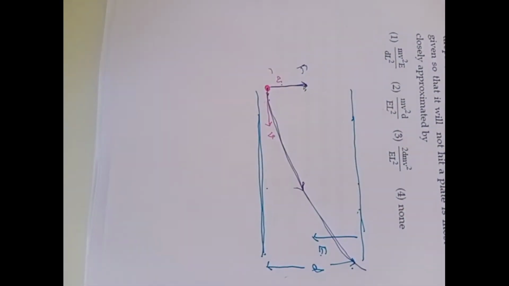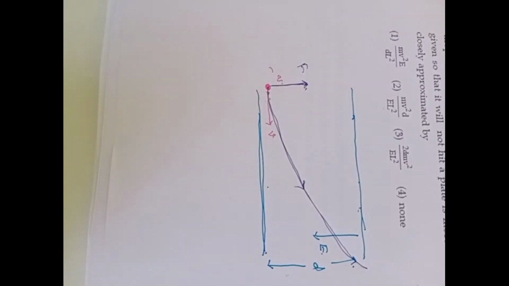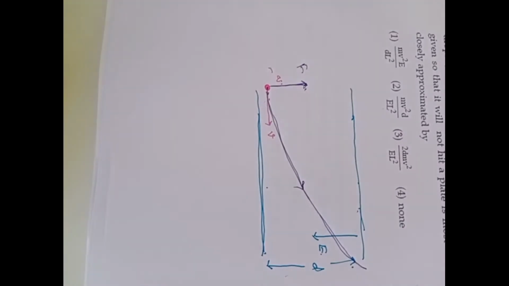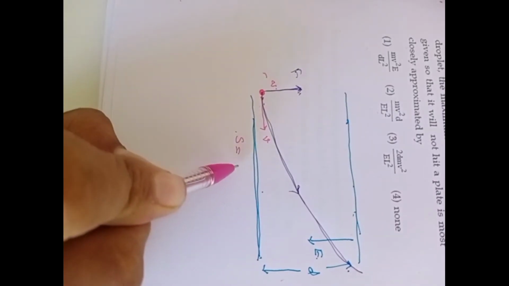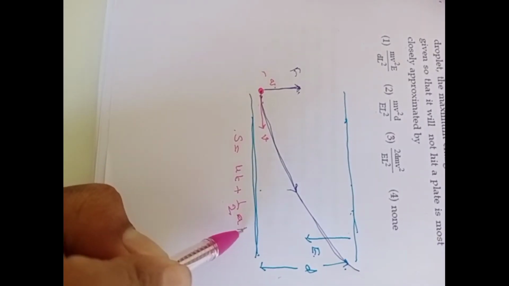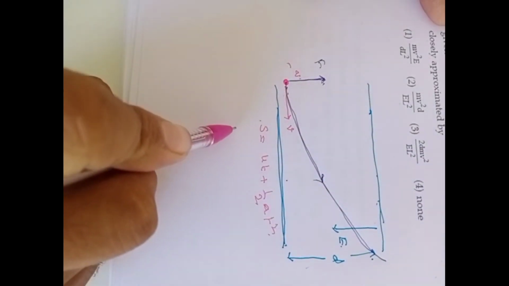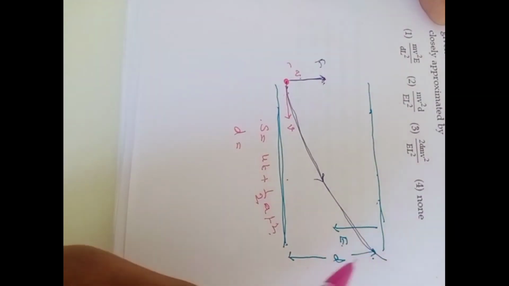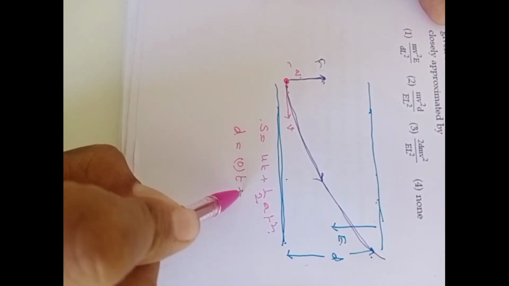Along the y-axis I am considering, there will be no velocity for the particle. The velocity is along the x-axis only. So along the y-axis the initial velocity will be equal to 0. Considering the formula S equals ut plus half at square, the S value here is d, the distance. The u value will be 0 in the vertical direction.